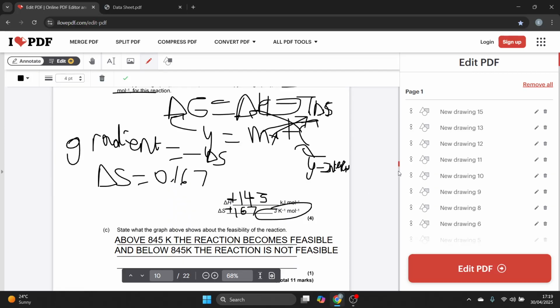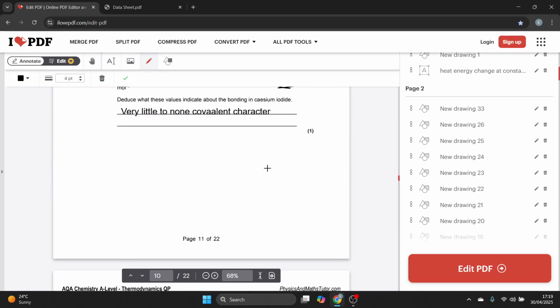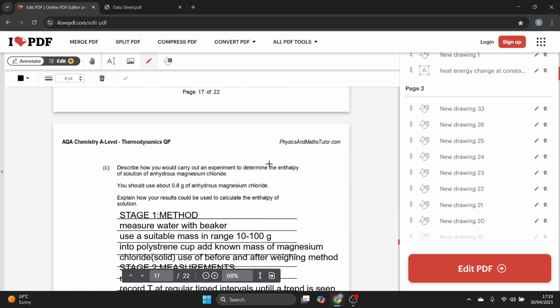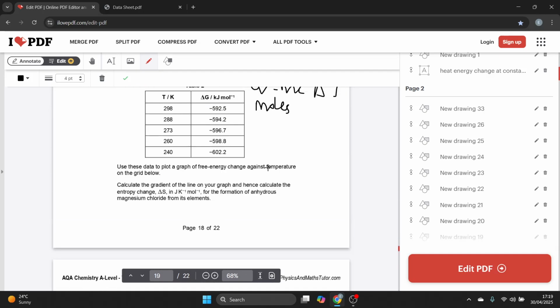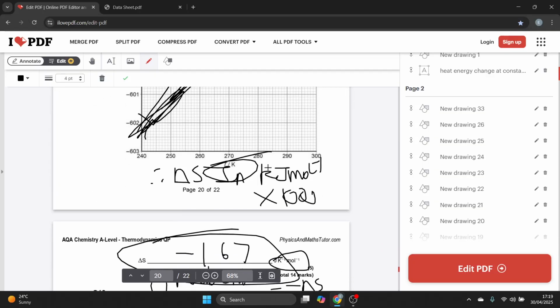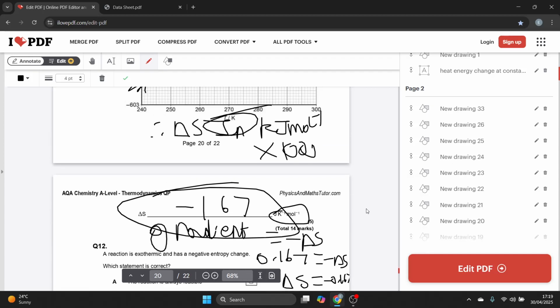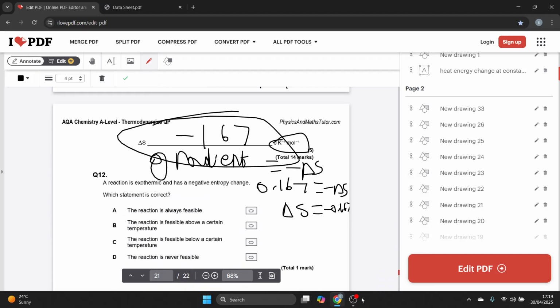No, you need to times by 1000, 167. And again here, I got 167 as well, but in this case it was negative. But they always love to test you on that. How well do you know your units? Not only do you know your units, anyone can tell me the units, but how well are you going to be able to spot it in the exam and then convert them?